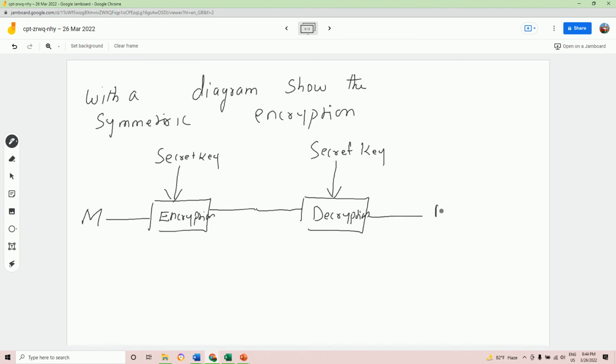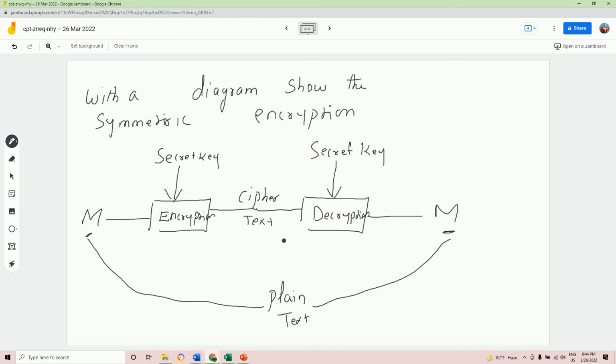Okay, so you get the message. So this message is the plain text, and here you get the cipher text. Okay, so this message and this message is the plain text.